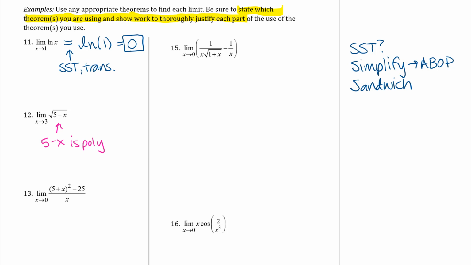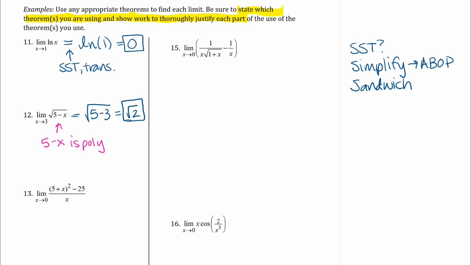Because I have that radical there, I'm going to have to use a couple of theorems in combination. I can use substitution shortcut theorems here, so I'm able to substitute in 3. And so I get the square root of 5 minus 3, which is the square root of 2. Notice that that is a value I would not really be able to get from just using a table or a graph.